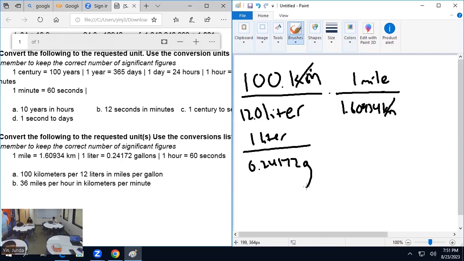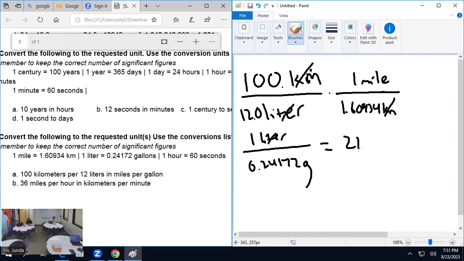Then I multiplied the bottom, I multiplied 12 by 1.60934 and 0.24172, which equals 4.668. I think I got a miscalculation because my handwriting is bad and I think my 4 looks like a 9.